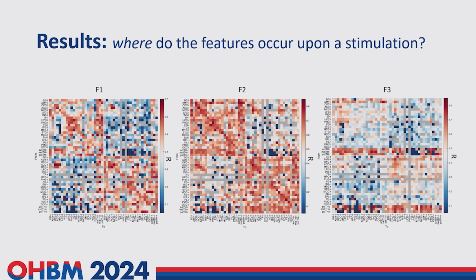And as we can see, the F1 matrices show a very striking modularity, by which we see regions in the same hemisphere and in the same lobe are more closely connected than the rest.